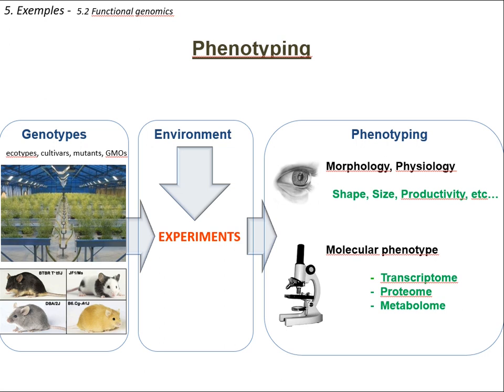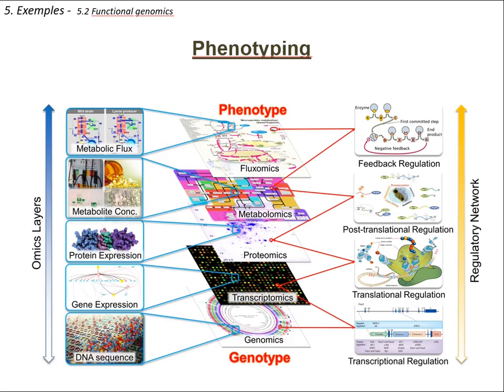And this will give you more mechanistic information about what has changed. So here you have again the different layers of organization. And all this is connected into a network. And so you will access different levels of this organization.